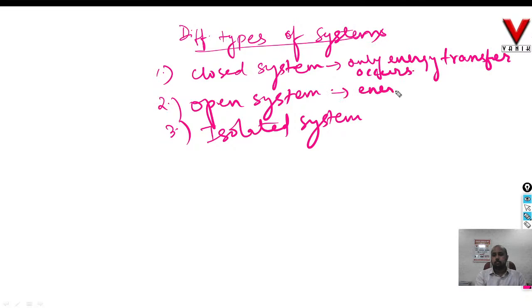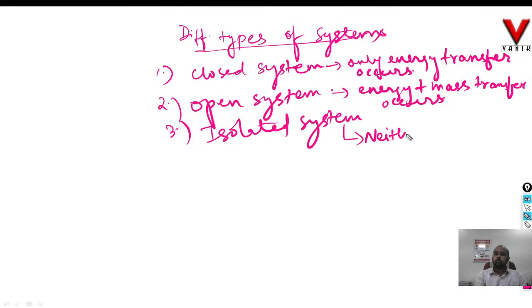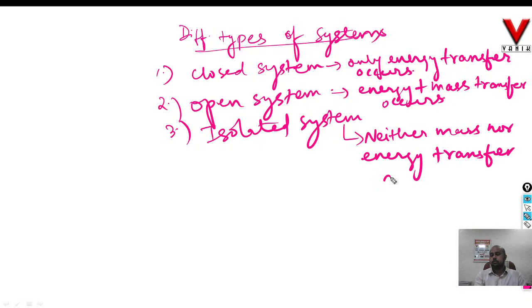Open system, energy plus mass transfer occurs. Isolated system, neither mass nor energy transfer occurs. Hope it is clear to you all.